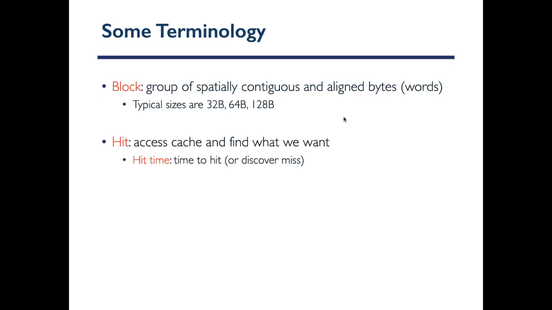So we have hit rate and hit time. A hit in cache means that you wanted to access an entity, you first checked your cache, and you actually found that entity stored in your cache. So that's the hit.